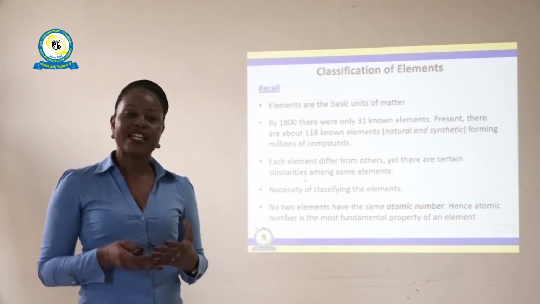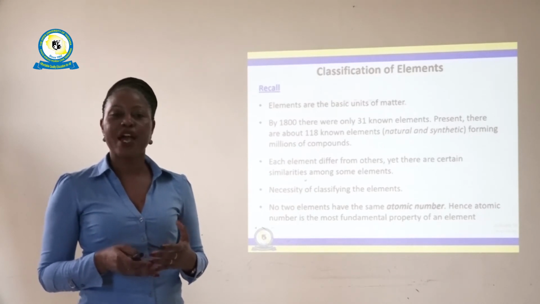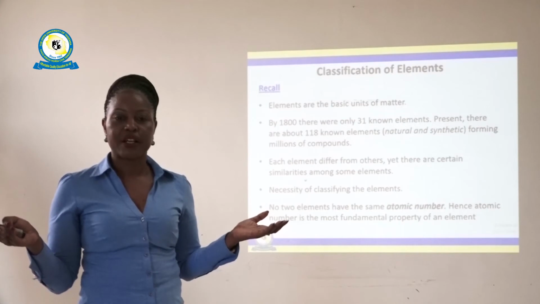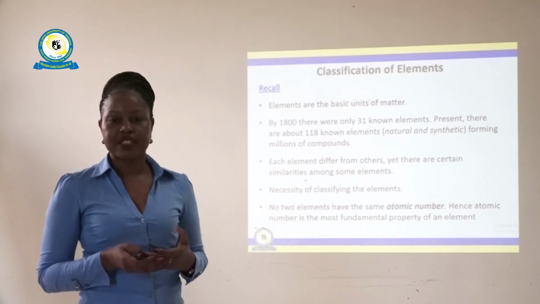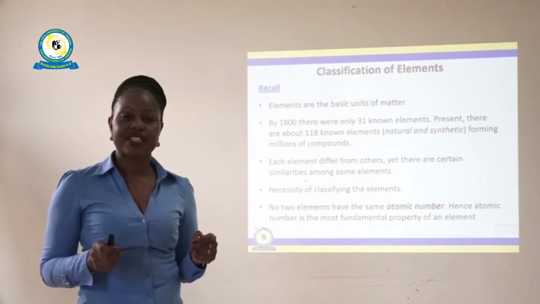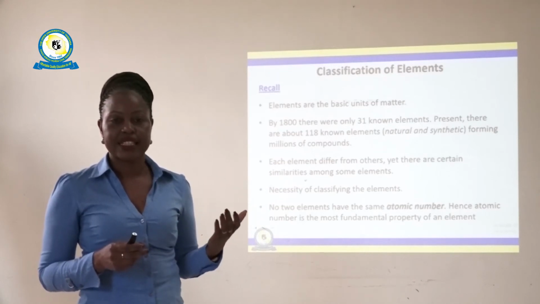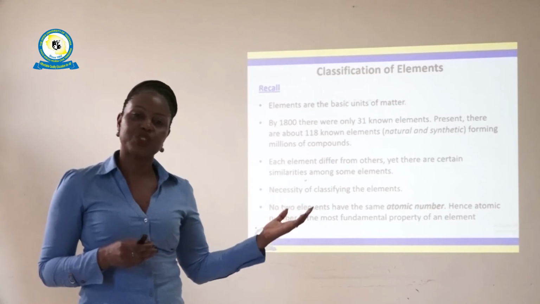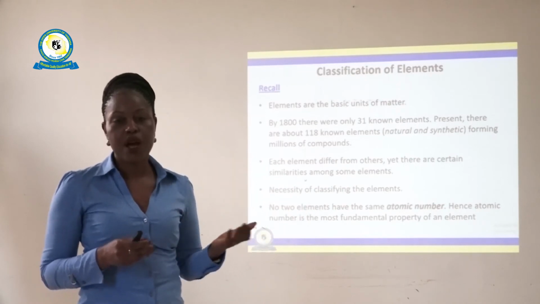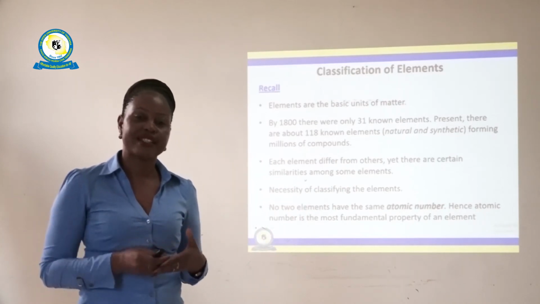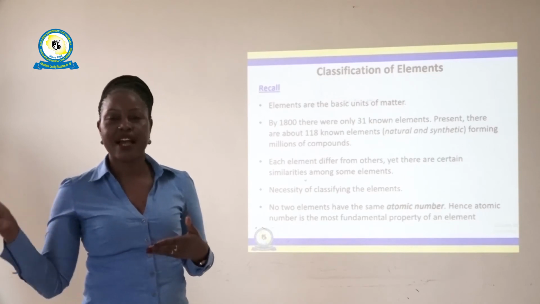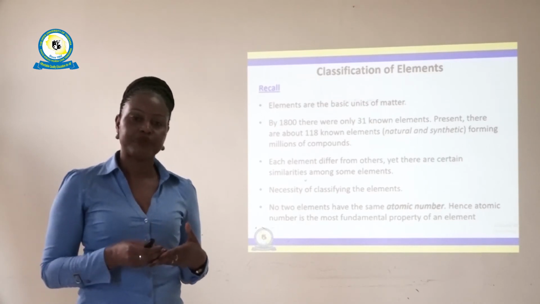Now, by 1800, there were only about 31 known elements. But currently, there are about 118 known elements. Most of them are natural, and a few of them are synthetic, that is, made by man.